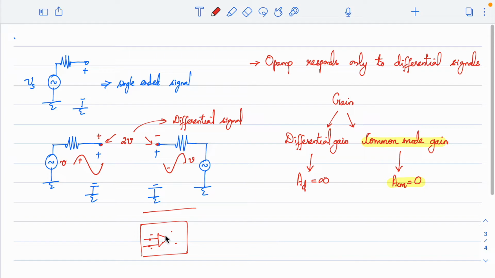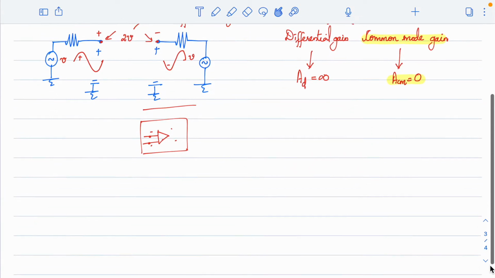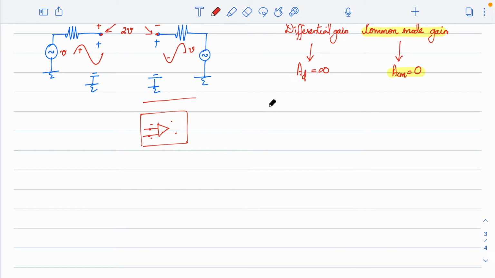So the ideal common mode gain should be equal to 0 and the ideal differential gain should be equal to infinity, right? So with this, if I list out the features of an ideal op-amp: one, as we mentioned before, input impedance should be infinity.